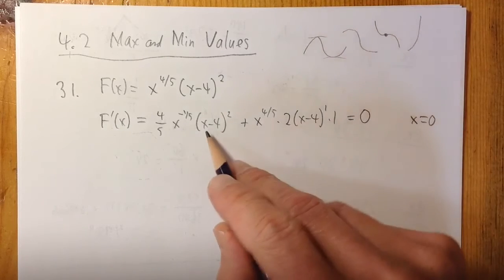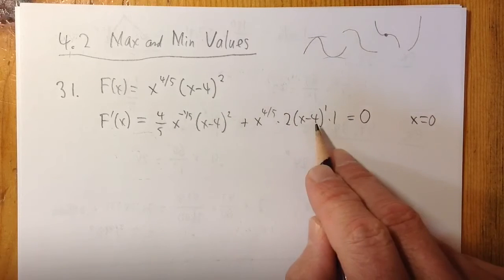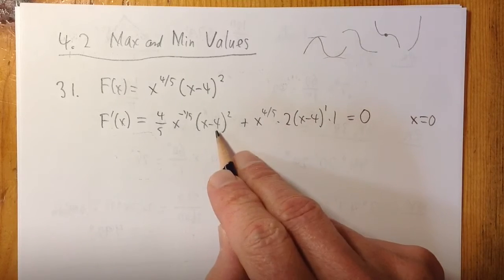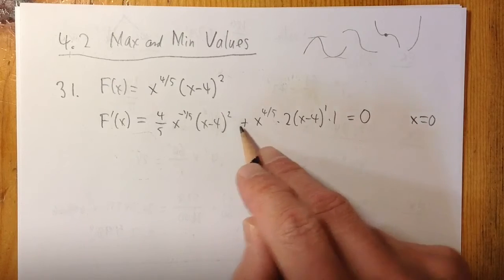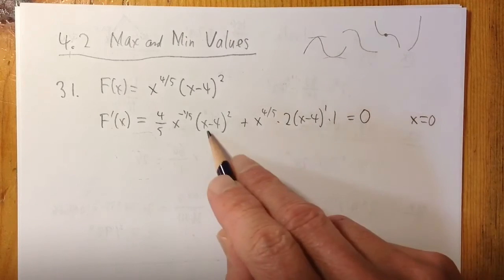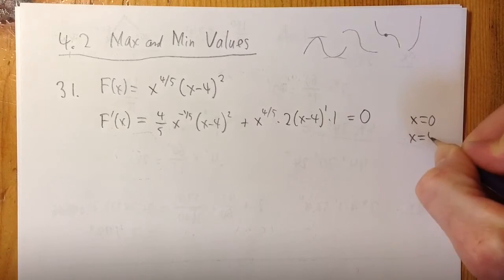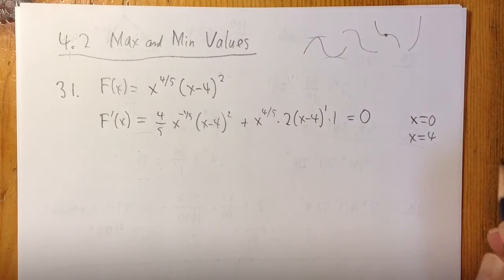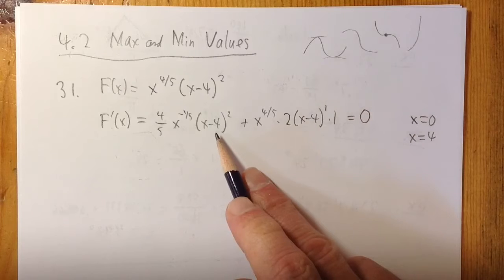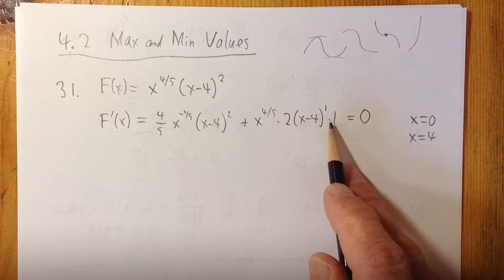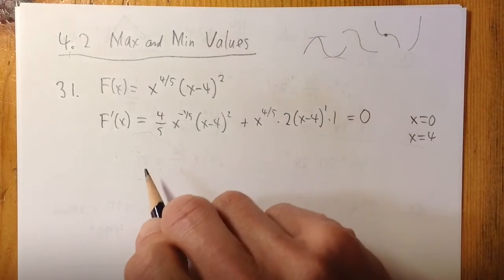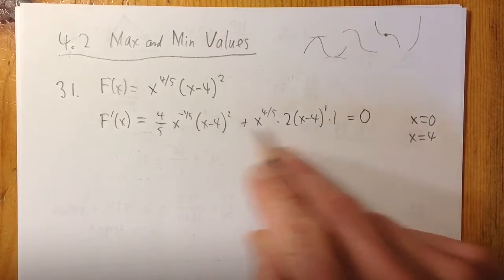Okay, now we have an x minus 4 on both sides. So with x equals 4, we have 0 plus 0 equals 0, right? Plug in x equals 4, 4 minus 4 is 0, 4 minus 4 is 0. So x equals 4 is a critical number or critical point. Okay, so that's one of them. Now, let's divide both sides by x minus 4.